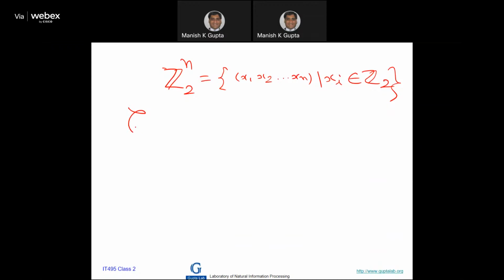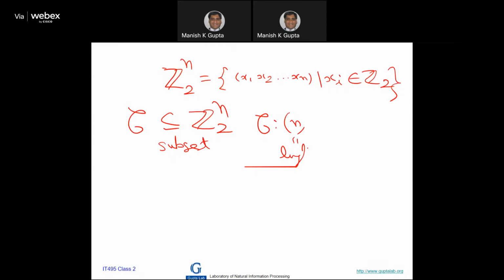A code is simply a subset of Z2 to the n, and a code is described by n, which is the length, capital M, which is the size of C, meaning the number of codewords, and d, the minimum Hamming distance.